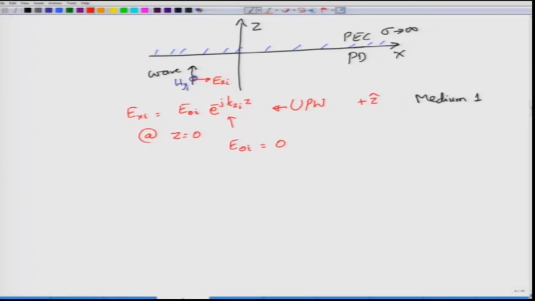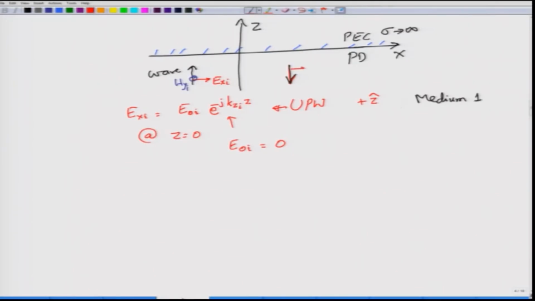So, the only way we can reconcile with a non-zero wave propagating and hitting the perfect electric conductor is that there is a reflected wave. So, there is a wave which is reflected back, okay, and the reflected wave propagates in the direction opposite to the incident wave.